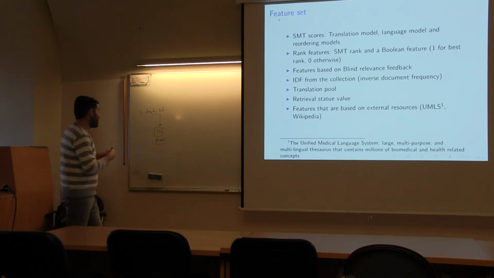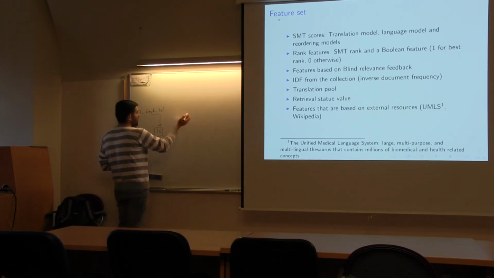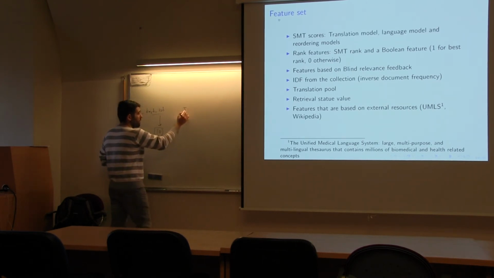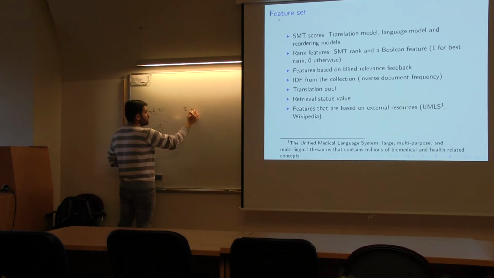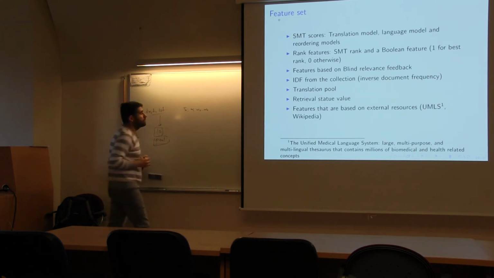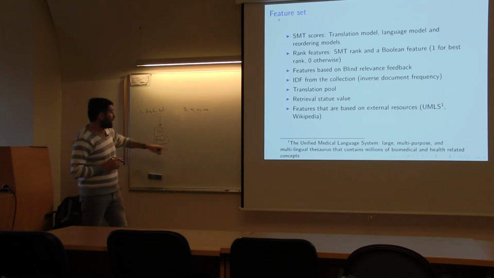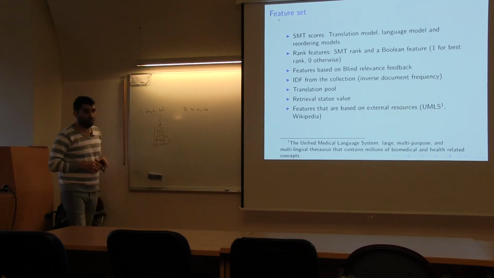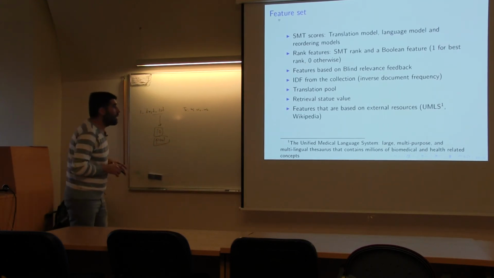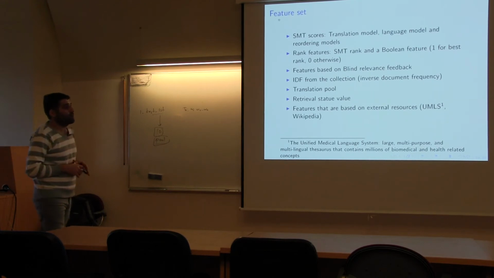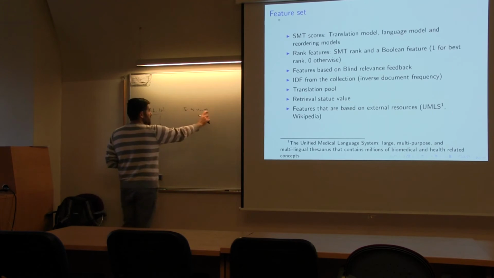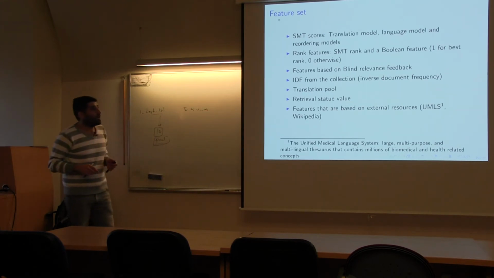Now, after creating this pool, back to the hypothesis. Each hypothesis, for example hypothesis N, contains some words. So we summed up the term frequency for these words from this pool. And then we used the IDF scores for these terms from the collection.